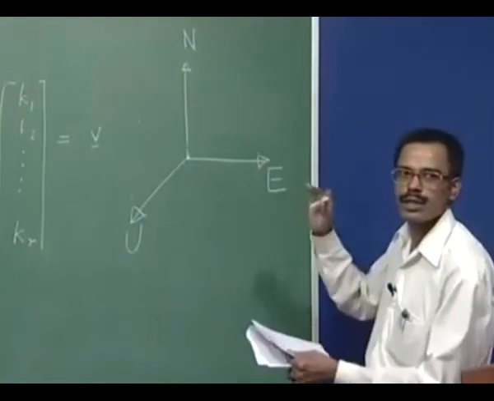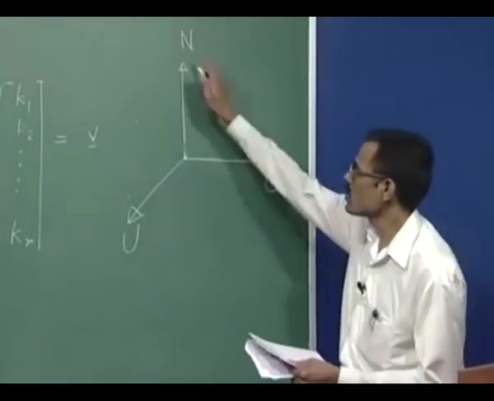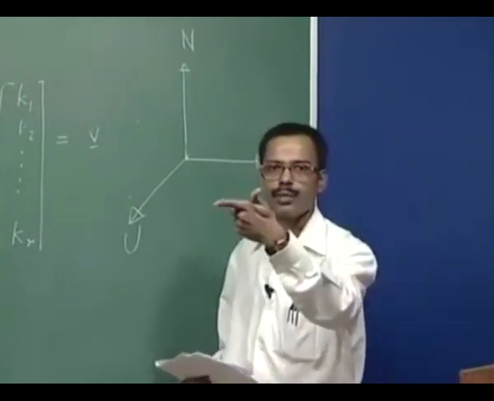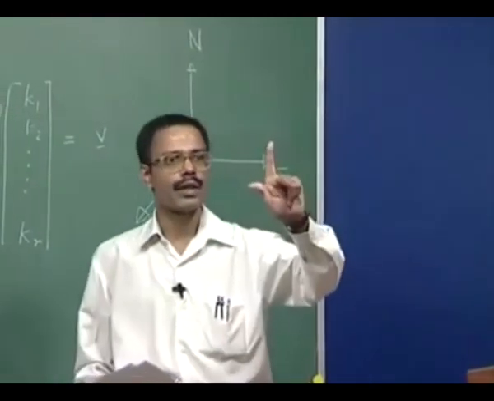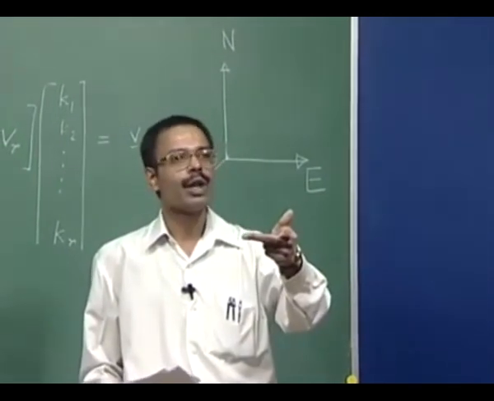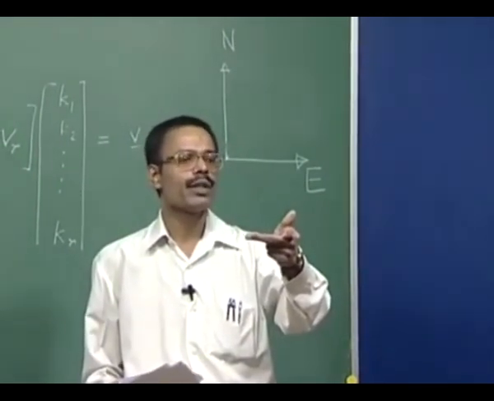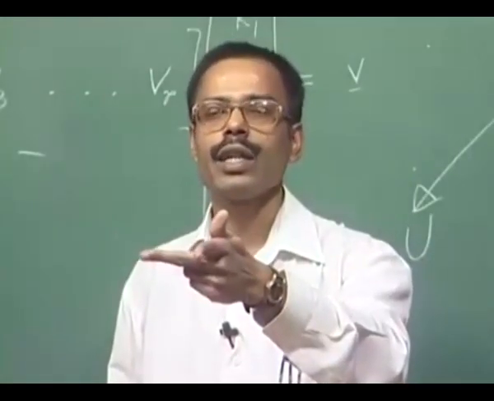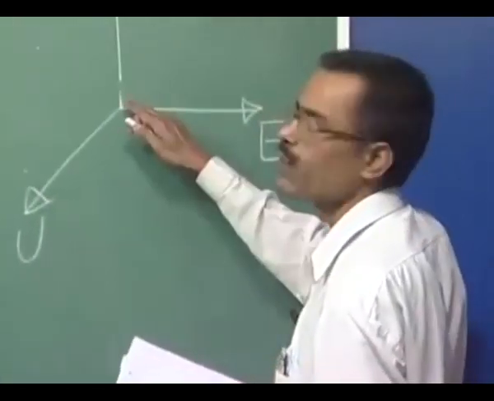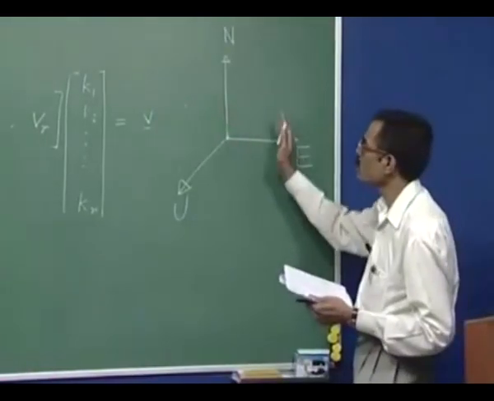Now we have three directions, east, north and up, and with these we have formed a triad like this. With these three directions at our disposal, we will be able to represent any other direction, any other movement. So there is no need of going for a fourth, and we keep only 3.